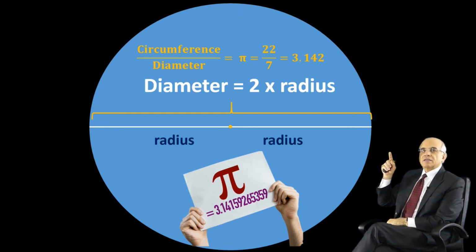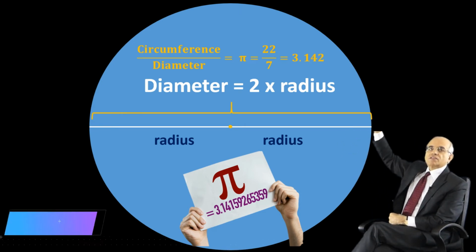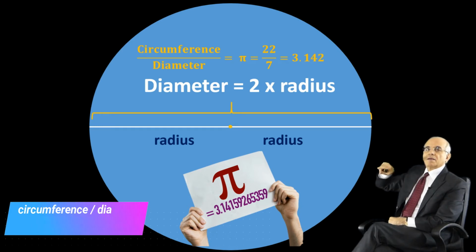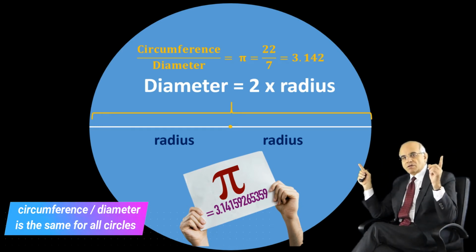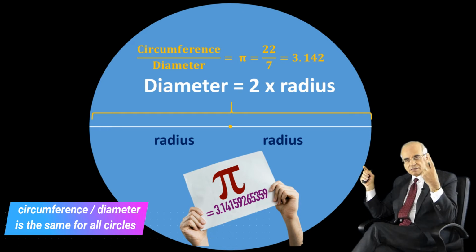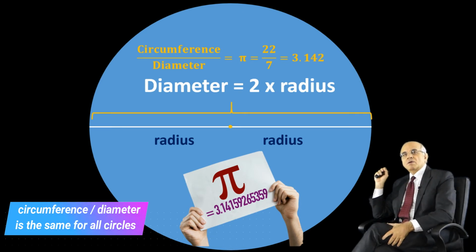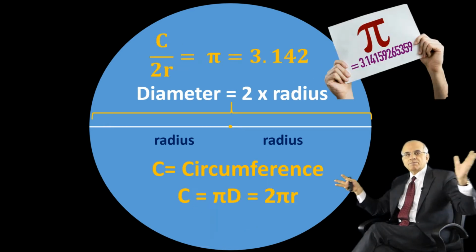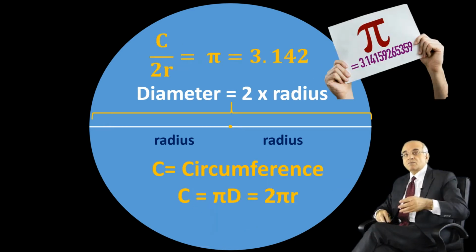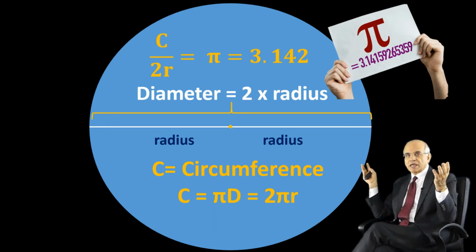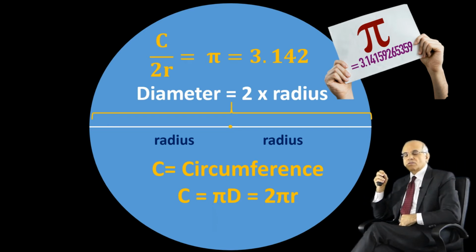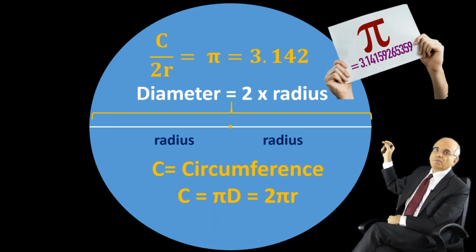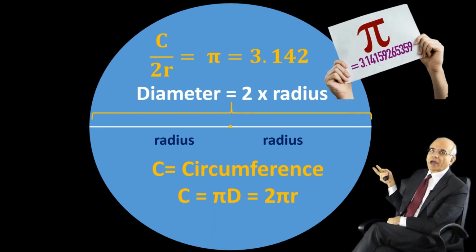If you divide the circumference of the circle by the diameter of the circle, which is 2 radiuses, you get the same number. If the circle is this small, or as big as Earth, or as big as the solar system, or as big as the whole universe, it doesn't matter. Every circle, no matter how small or how large, has the same value if you divide the circumference by the diameter, and we call that pi.